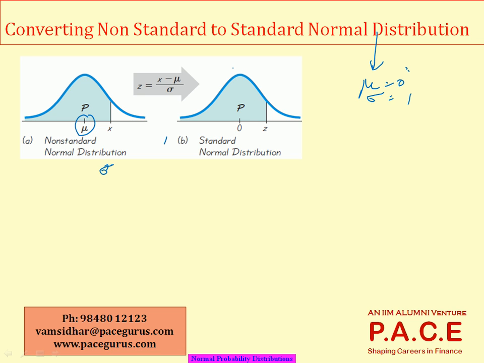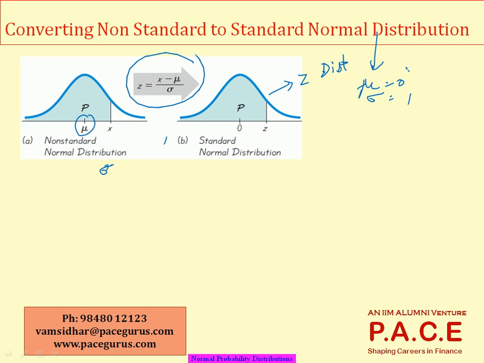Sometimes people call the standard normal distribution directly a z distribution. So for every value of the original non-standard normal distribution, you subtract the mean and divide the resulting value by the standard deviation.